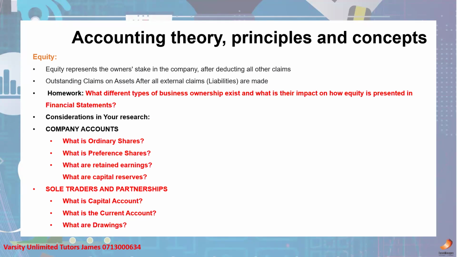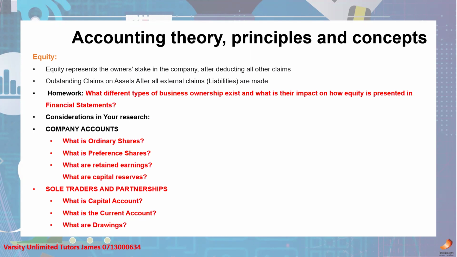If you are looking at a company, they will be talking about the shareholders of the company, the ordinary shareholders, the preference shareholders, what the retained earnings of the company are, what the capital reserves of the company are. We will talk a little bit deeper about these things later on. Okay? That's still equity.